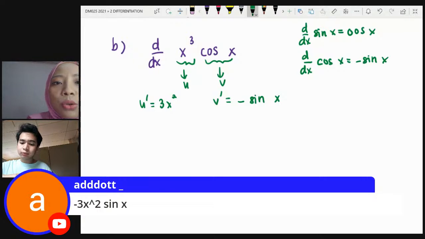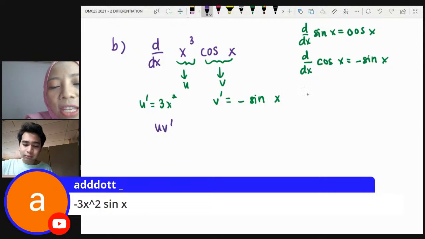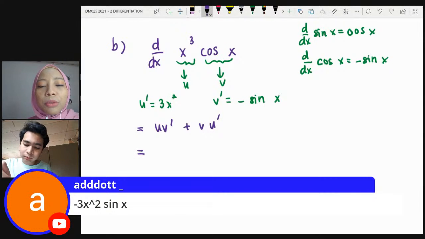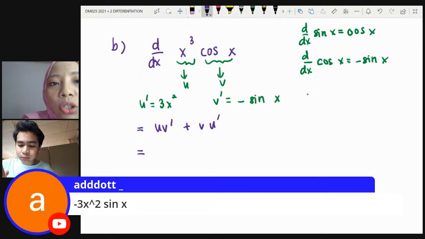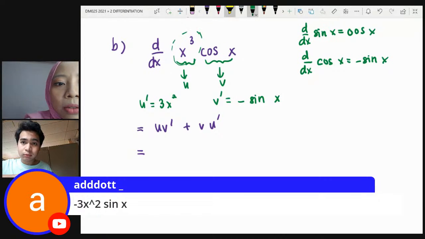Now uv prime plus vu prime. This consists of a product, two functions, therefore product rule. What is your u? Your u is x cube, so we write down x cube.